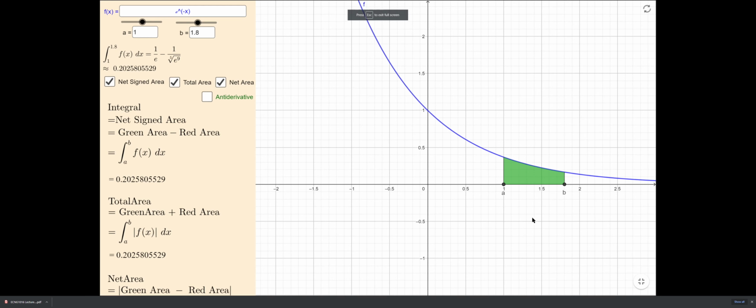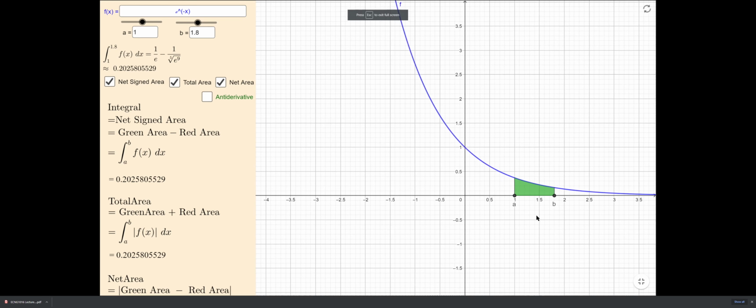Letting the r go to infinity means that we're going to take larger values over here. So here the big R is 1.8. If I change this to say 2, notice the area over here increases. So when you're taking the limit, as the r increases, the area is going to increase.